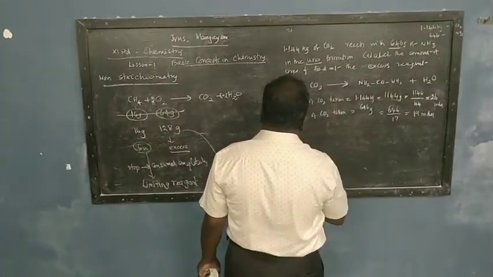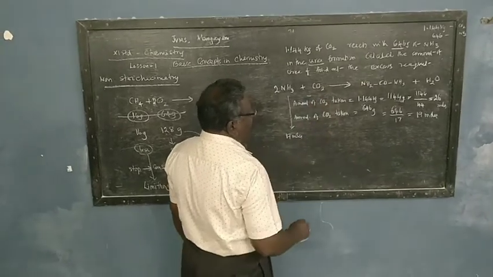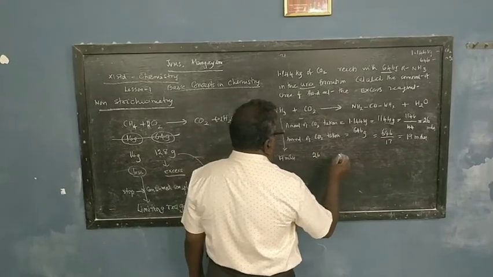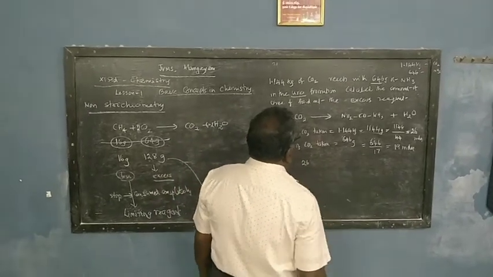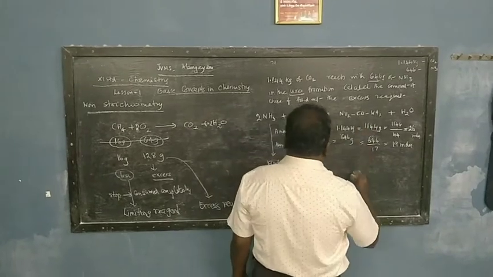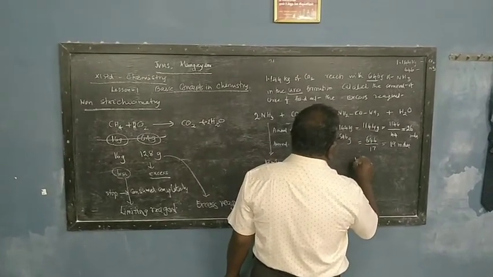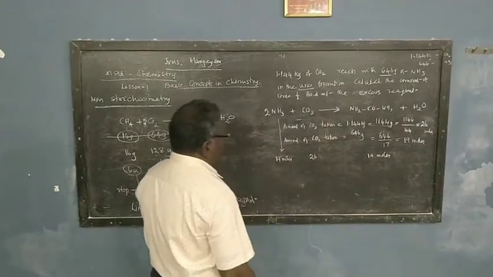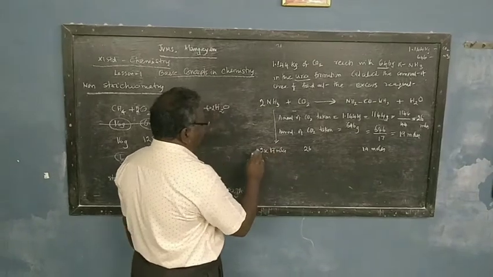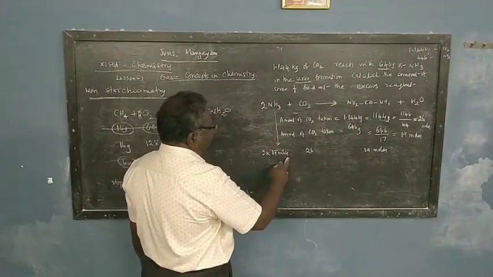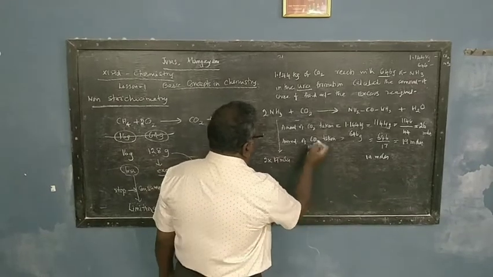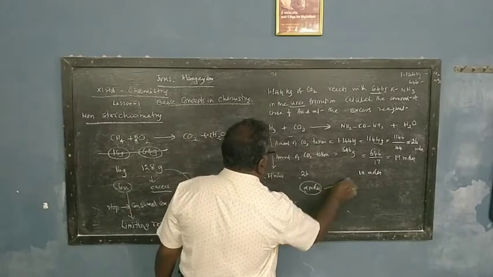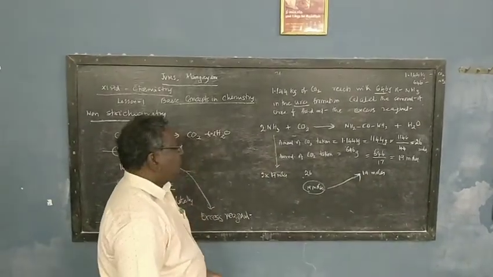So 38 moles of ammonia will react with 26 moles of carbon dioxide to form urea. About 2 into 19 moles will react with 19 moles to form 19 moles of urea.